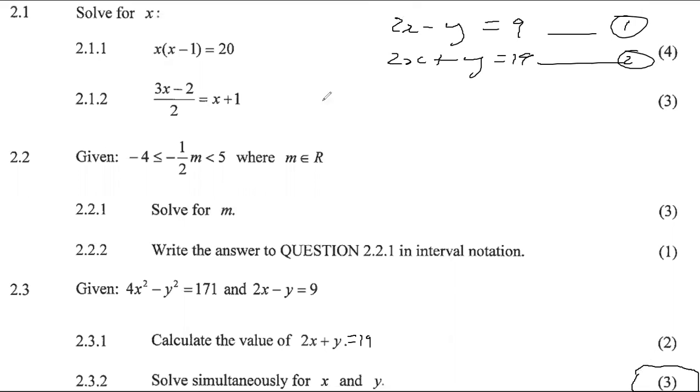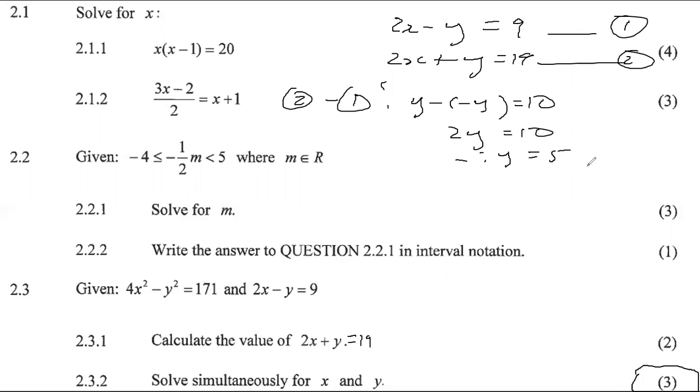And here we can use elimination right away. I will just say equation 2 minus equation 1. So you can see 2x will take away 2x, and I'm going to have y minus y, and then 19 minus 9, that is a 10. And then you can see now I'm going to have 2y equals 10. Therefore, y equals 5.